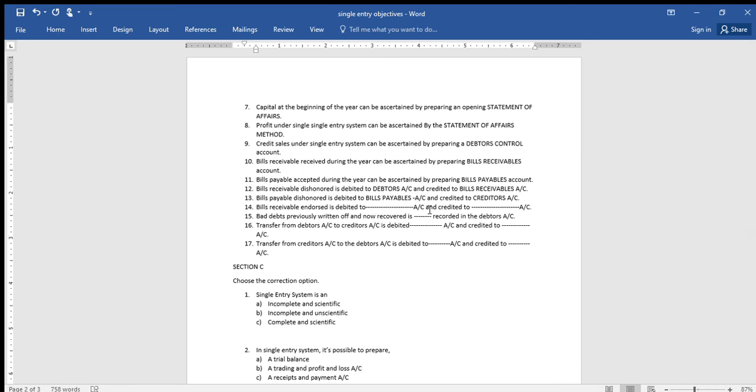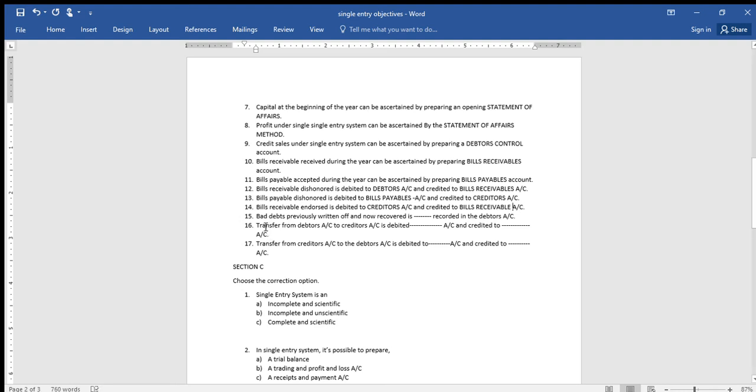So it's debited to the creditors account and credited to the bills receivables account.